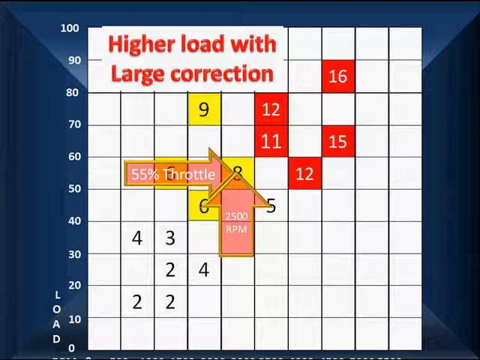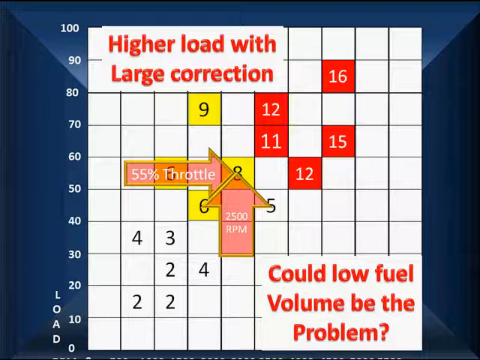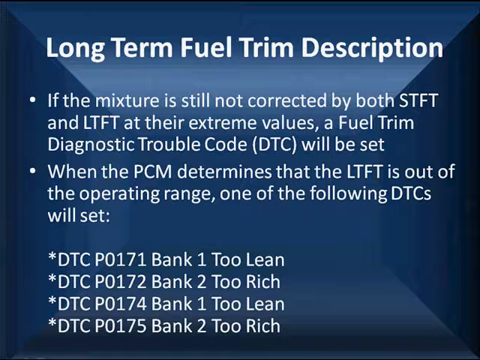If we go higher in RPM or higher in throttle position, the numbers turn red. We are not getting enough fuel. Could this be an indication of low fuel volume from the fuel pump? Entirely possible. We're going to talk about testing to identify this. When we have high demand, this vehicle is not able to meet the demands. It's all part of the diagnostics.